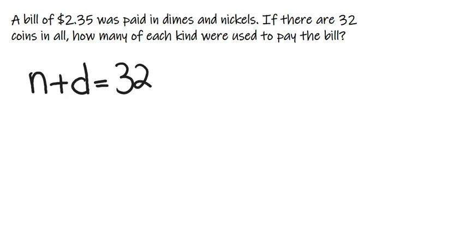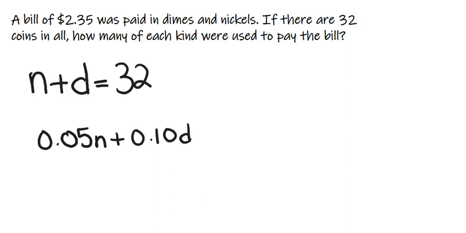But when we're talking about the total value or the cost, we're gonna put the value of each coin before the variable. Since a nickel is 5 cents, we'll put 0.05 before it. 0.05 N plus 0.10 D, because a dime is 10 cents.